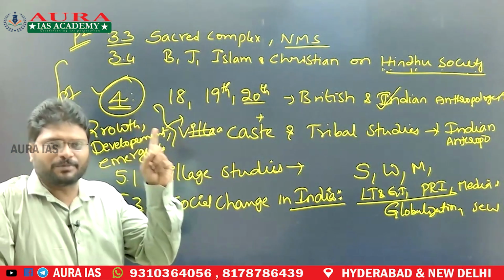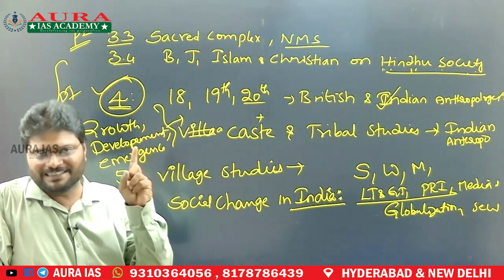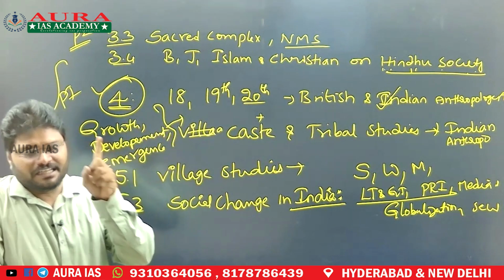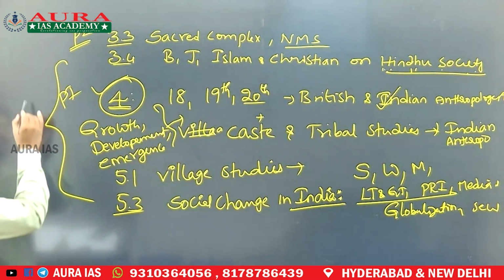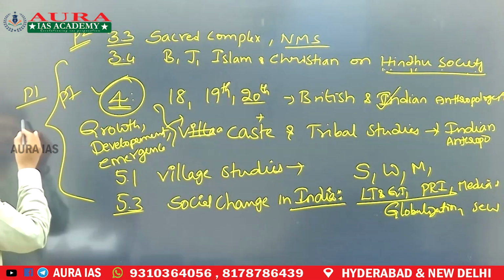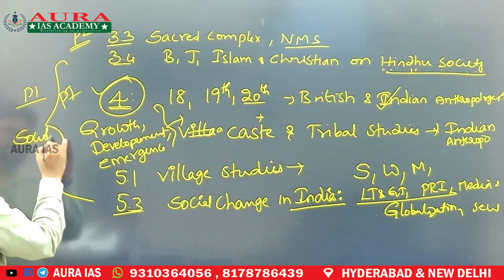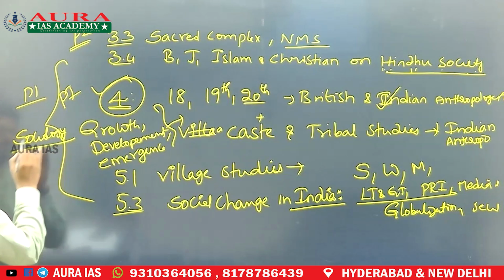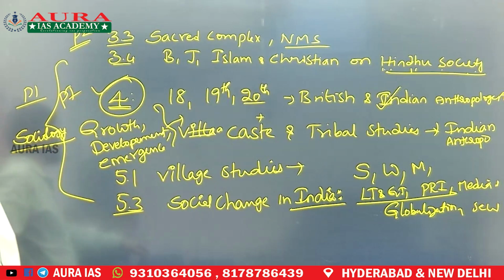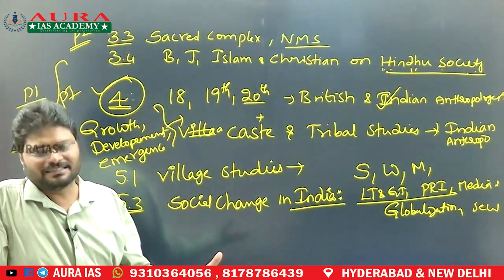From chapter number 2 to 5.3 we called Indian society and civilization. Every chapter, whatever I told you, priority 1, subsequent, that means the correlated chapters are also found in sociology. So integrate the sociology topics for these chapters so that you can easily write the answers.